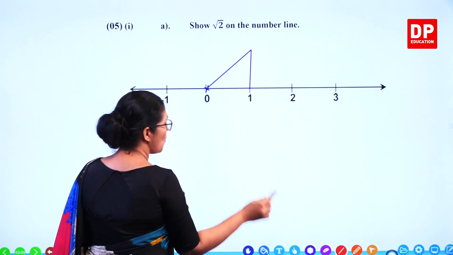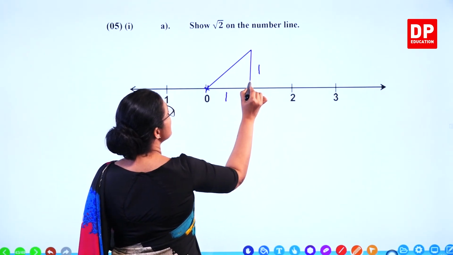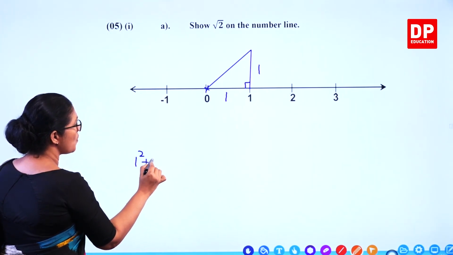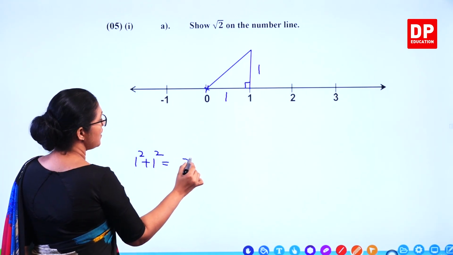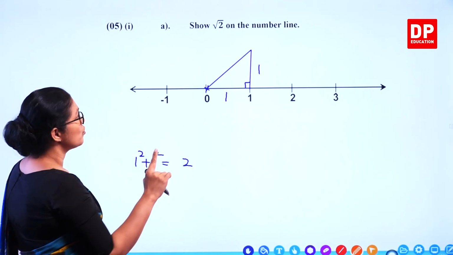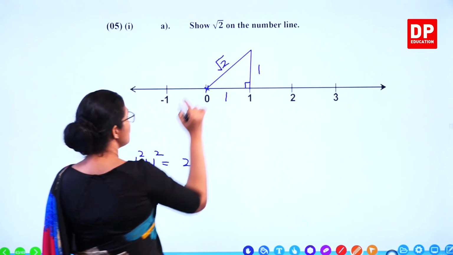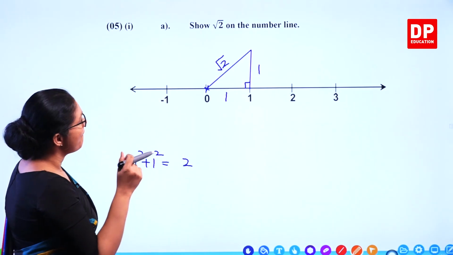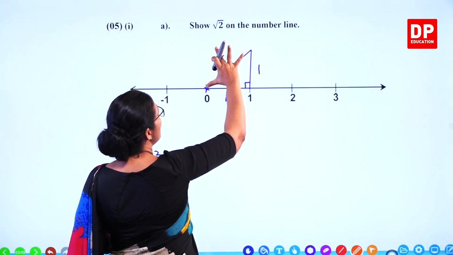If you take that one, using Pythagoras, if it's 1 and 1, 1 squared plus 1 squared, that means 2. So 1, 1, 2. If you take the square root value, this represents root 2. So that's the hypotenuse.